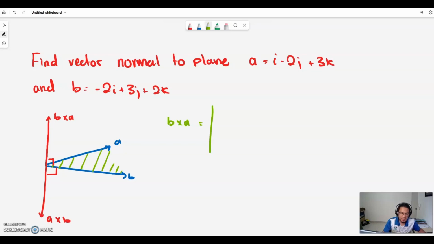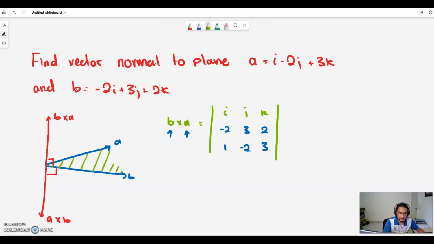This is an i, j, k vector, so it will create a 3 by 3 matrix. The first row will be i, j and k only. The second row will be the first vector, that is B: negative 2, 3, 2. And the third row is the vector A: 1, negative 2 and 3.